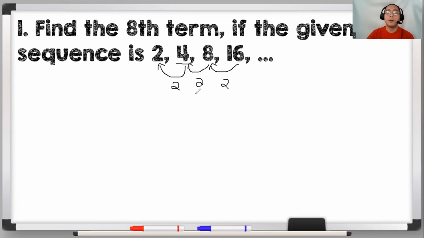So now we can use the formula a sub n equals a sub 1 times r raised to the power of n minus 1. We are looking for the eighth term.